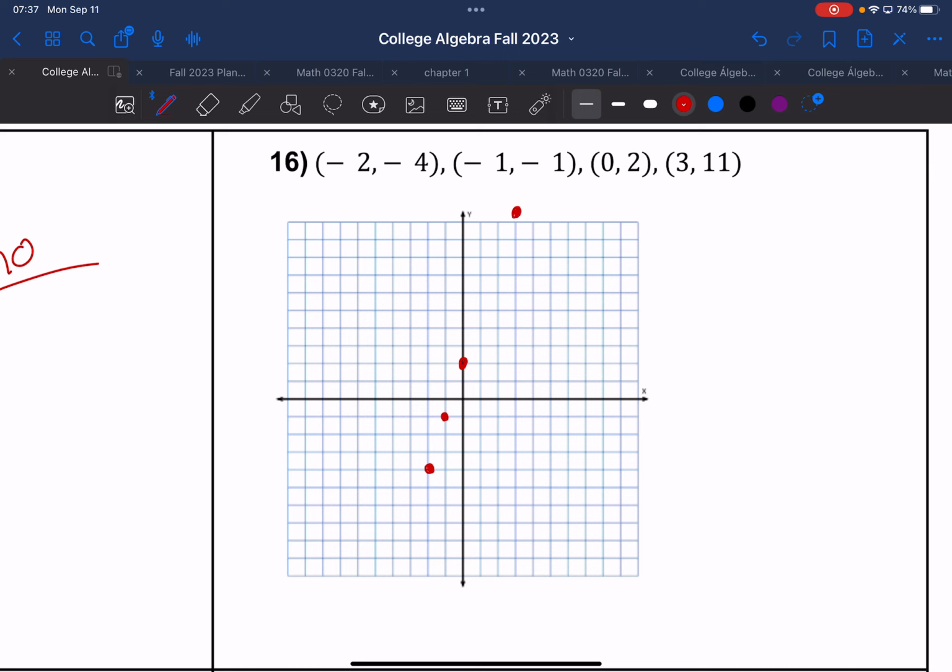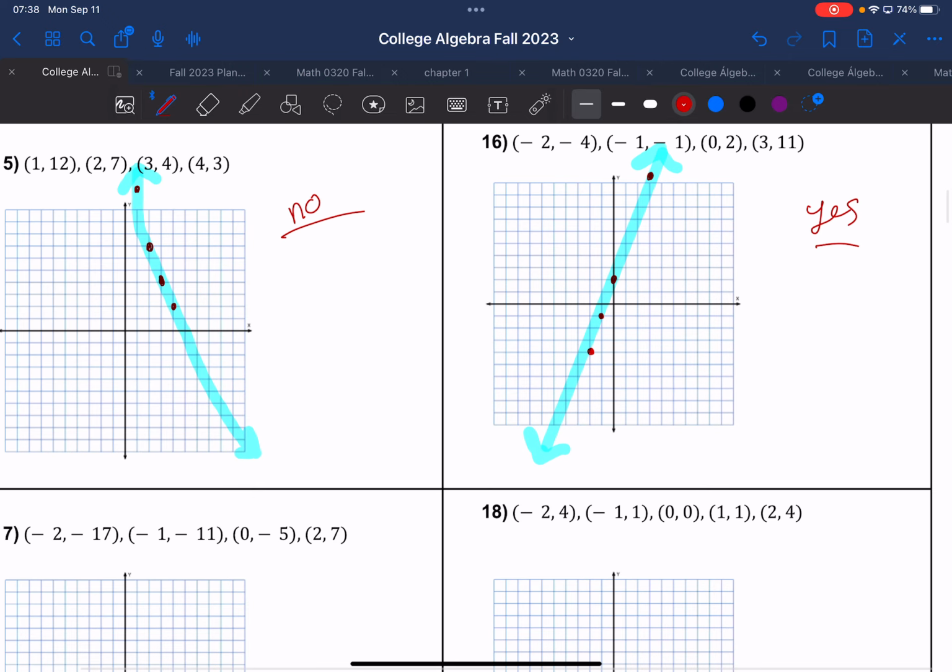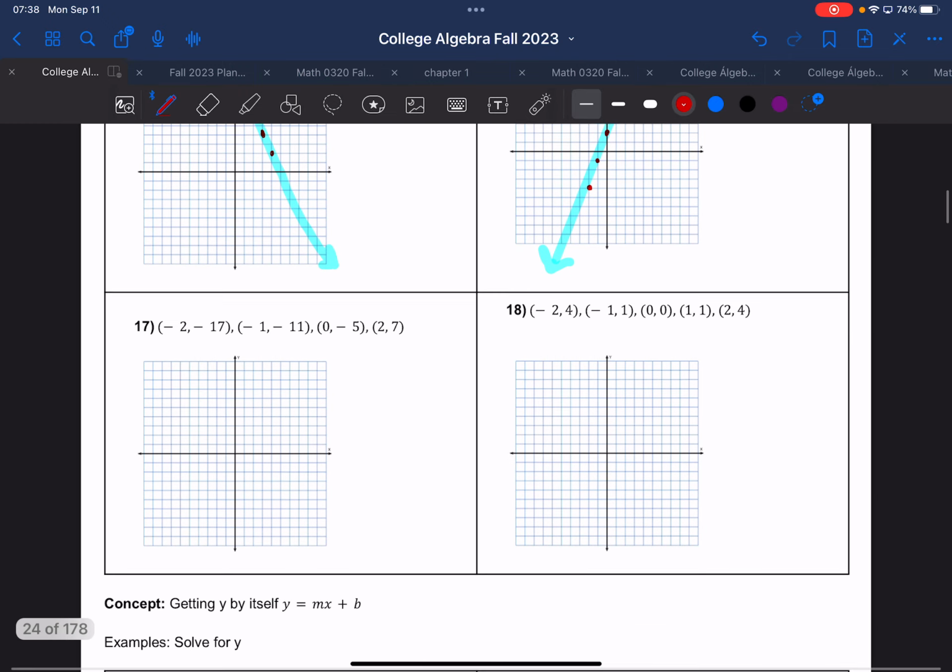Does this look like it's going to be linear? Yes. This one looks like it draws that straight line. So yes, it is linear.